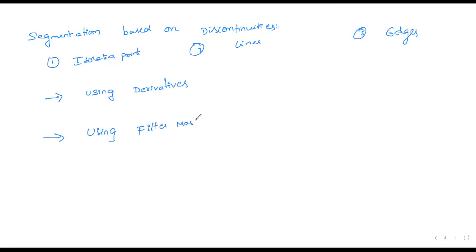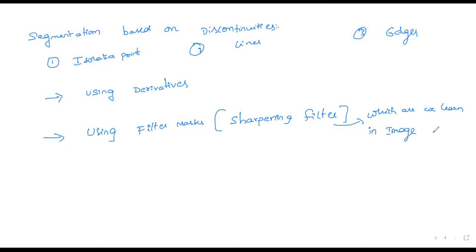These filter masks are also known as sharpening filters, which we learned in image enhancement, in the spatial domain.